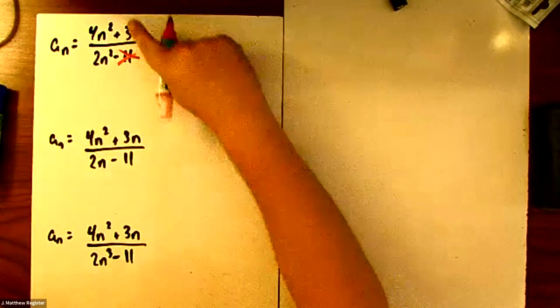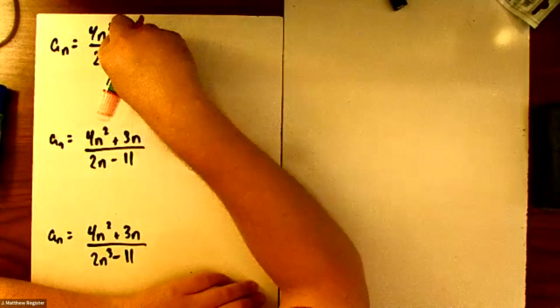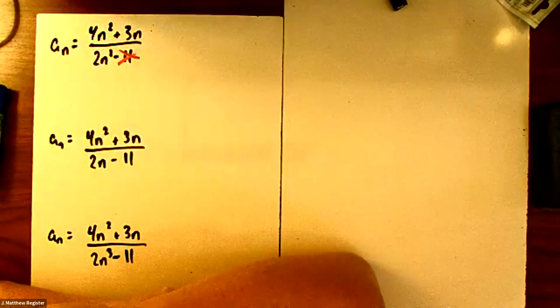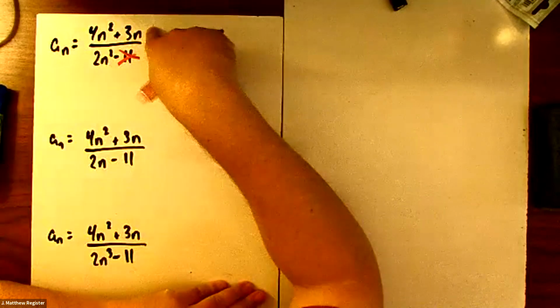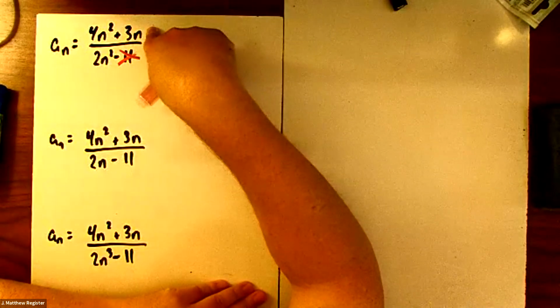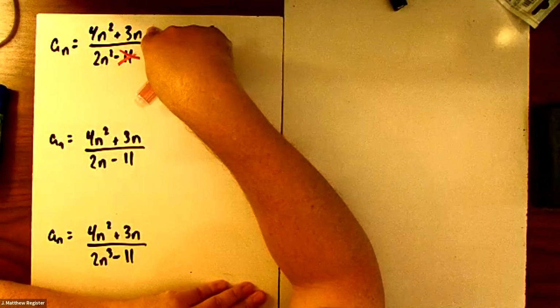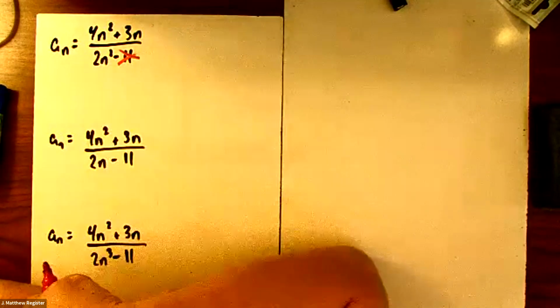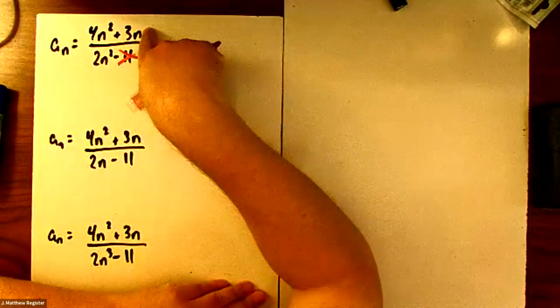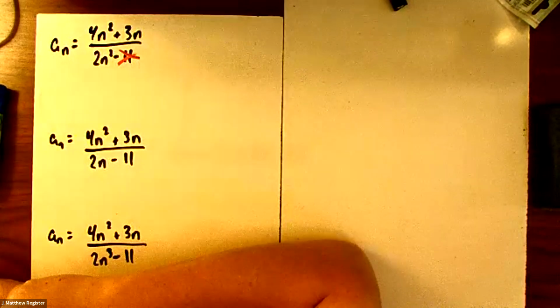Same in the numerator. If we're at 1 million, well, 4 times 1 million squared would be 4 trillion. And 4 trillion plus 3 million is still very close to 4 trillion, because 1 million is 1/1,000,000th of a trillion. And so for the numerator, the 3n really bears no weight on what's happening with this sequence.